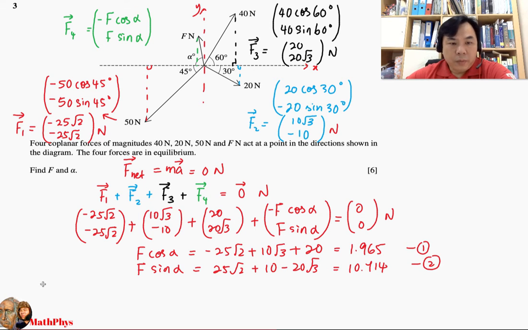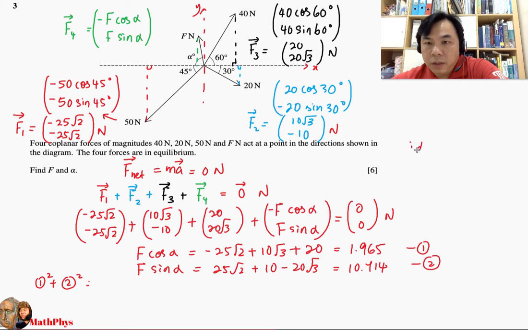Now to get the F, we can square equation 1 and equation 2 here. So we can square this one and square this one. The main reason why we do this is because we want to make use of one of the trigonometry identities. So the identity, I just write it down here. The trigo identity is sin square theta plus cos square theta is equal to 1 here.